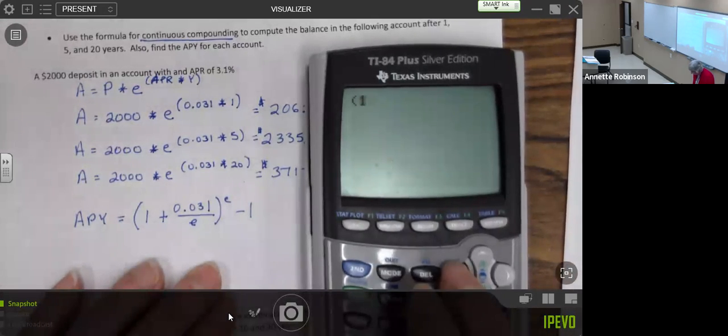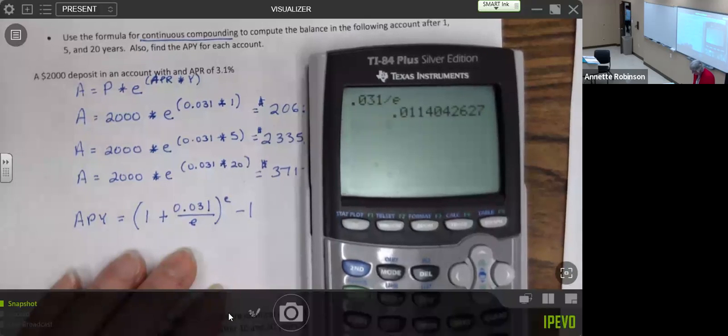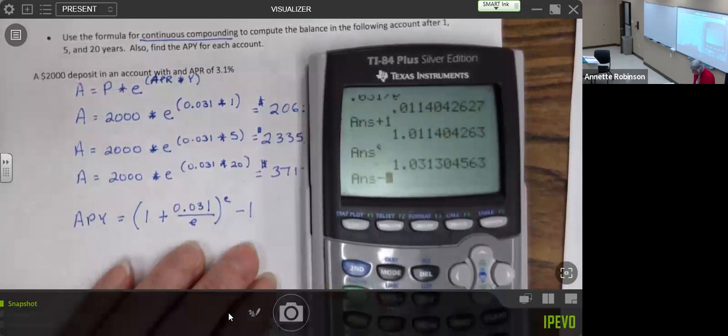Okay, start with the division, 0.031 divided by, this time I'm going to use your E you were talking about, the second and divide. Add 1. I'm going to raise to the E. And it works because times 100.